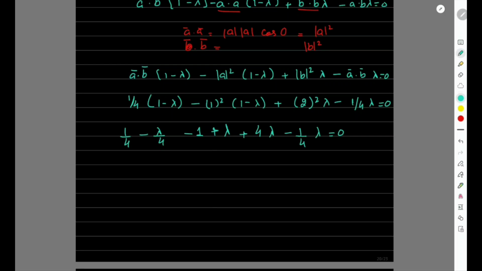Now combining the like terms with lambda and without lambda, we have 1 by 4 minus 1, and minus lambda by 4 plus lambda plus 4 lambda minus lambda by 4 is equal to 0.